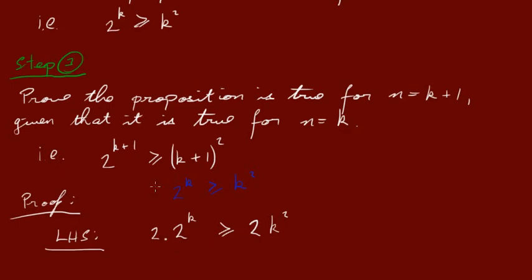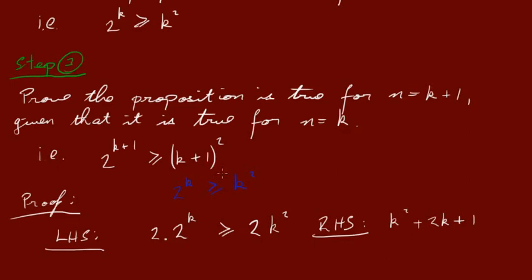If I take the right-hand side of our inequality that we want to prove here, so the right-hand side of our inequality is k plus 1 squared. That's just k squared plus 2k plus 1.